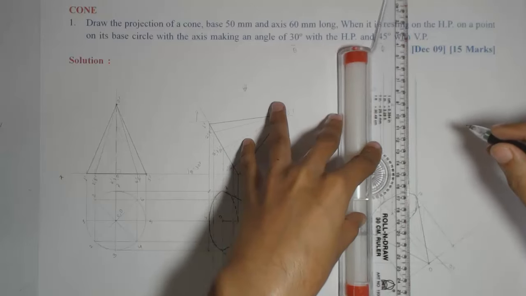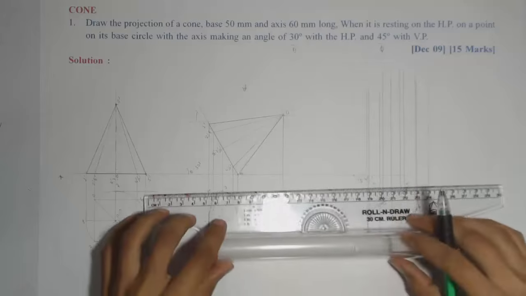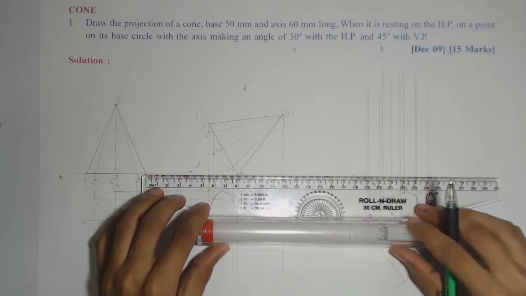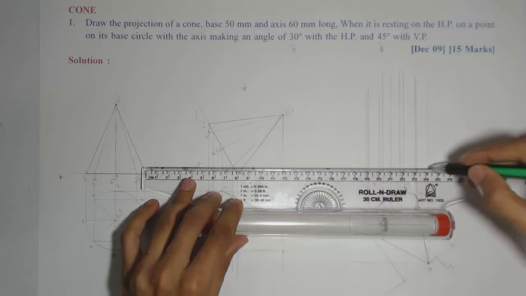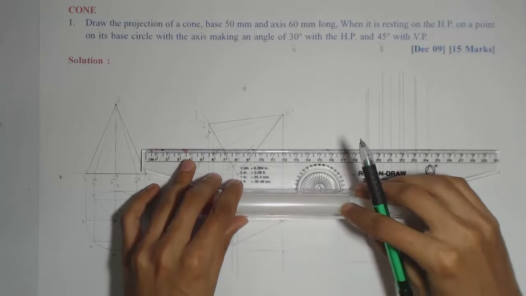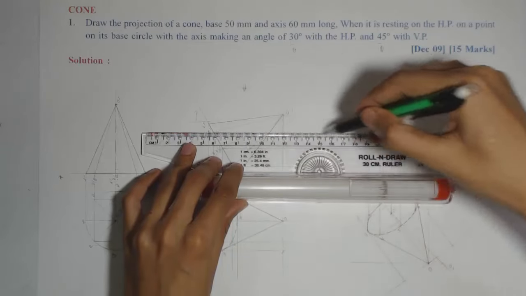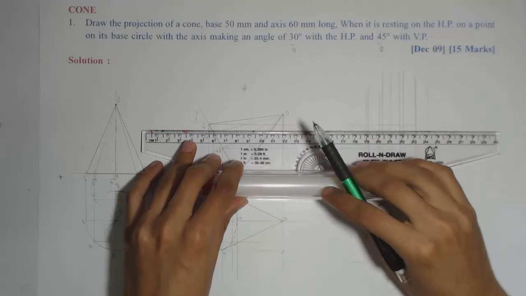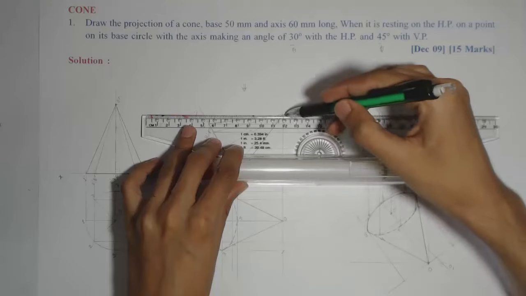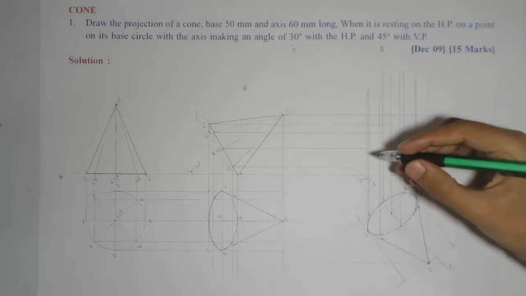Okay, and then vertex. Now we'll project from front view now. Two dash 8 dash 1 dash and O dash. Okay, now we'll mark all the points.